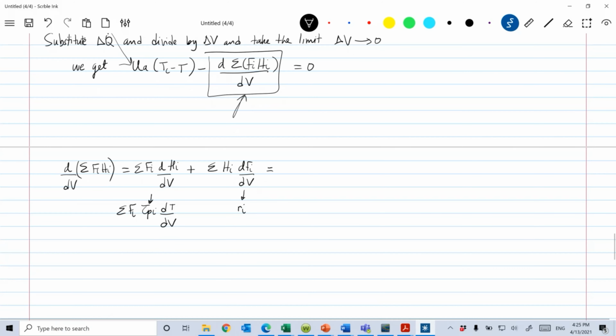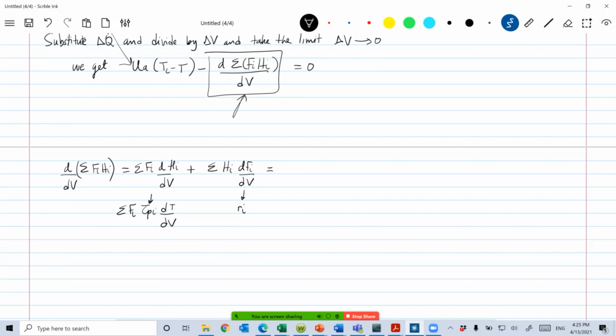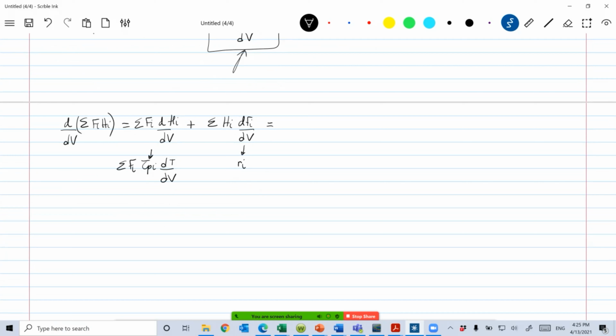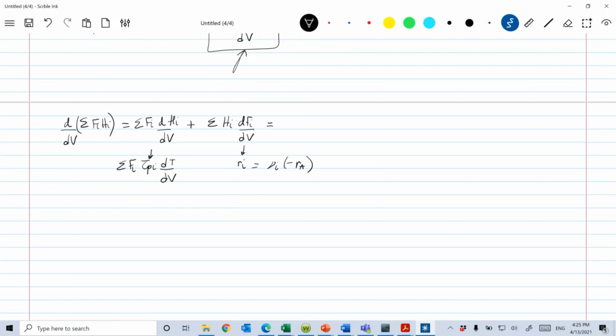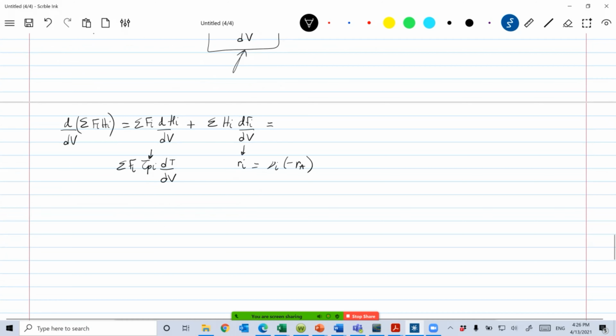So you can then go back to your original form. Now, another thing you can do here for this term, this is equal to mu I times minus RA. That makes sense, right? If minus RA is a positive term, for example, if A is your reactant, you multiply by the stoichiometric coefficient of any species.